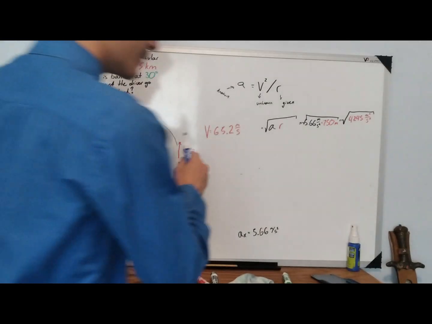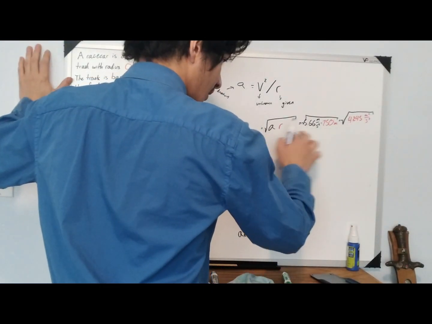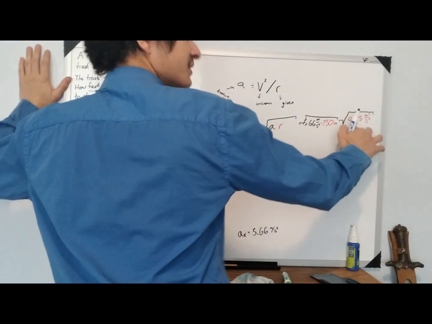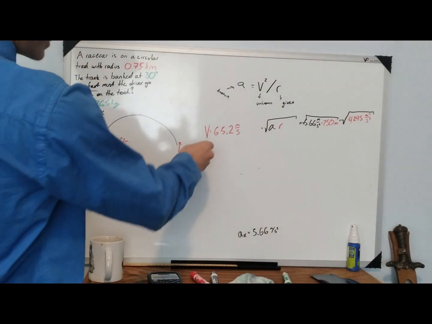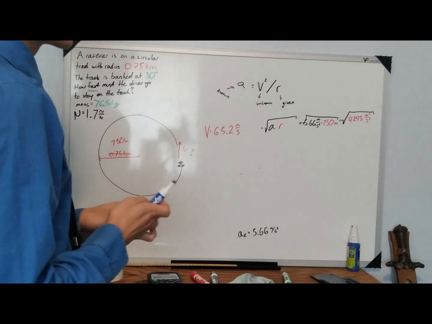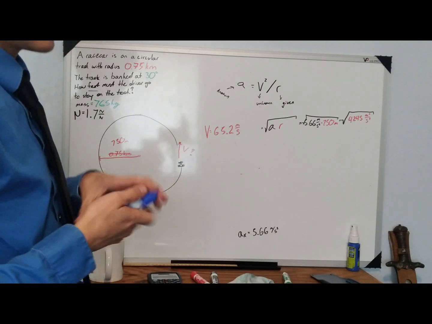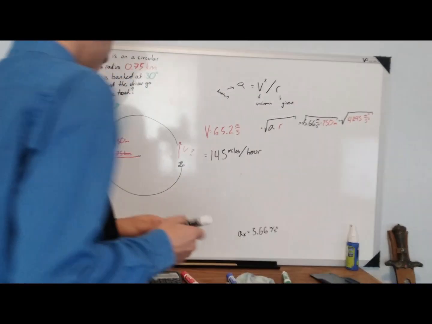If you follow the units, a times r, meters per second squared times meters, gives meters squared per second squared, and the square root gives meters per second. I got velocity in terms of meters per second. Because I followed the units, I know that my formulas are correct.